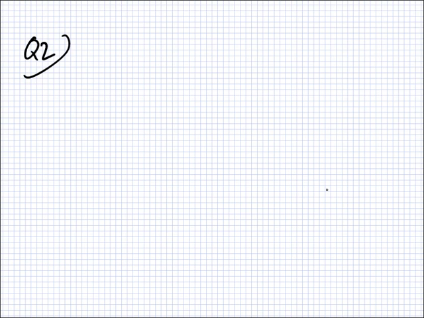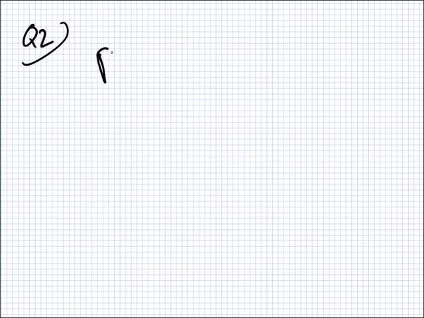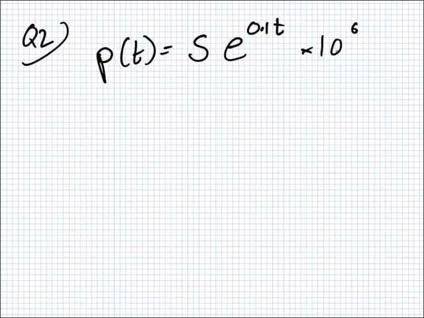The first one was, what's the value of S? It was 1.1. The formula was the population P(T) is equal to S times e^(0.1T) times 10^6. And that was for Sapphire City. And you're told that at the beginning, there was 1.1 million people in Sapphire City.